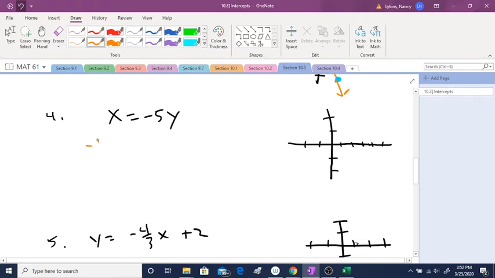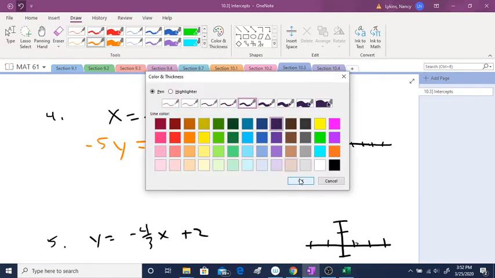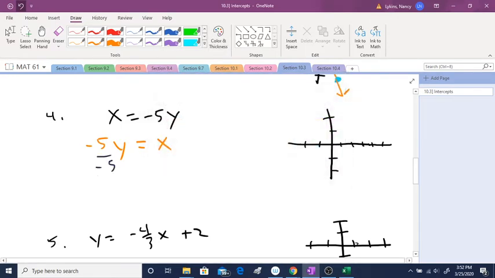Let's go ahead and switch it around. Negative 5y equals x. Now, what I want to do is divide by negative 5. Y equals negative, and there's a 1 in front of the x, so treat that as negative 1/5 x.